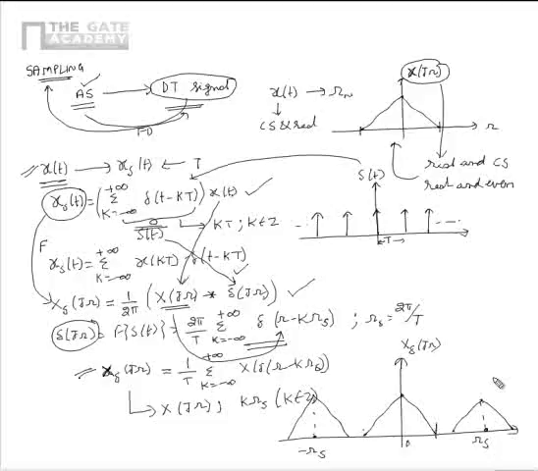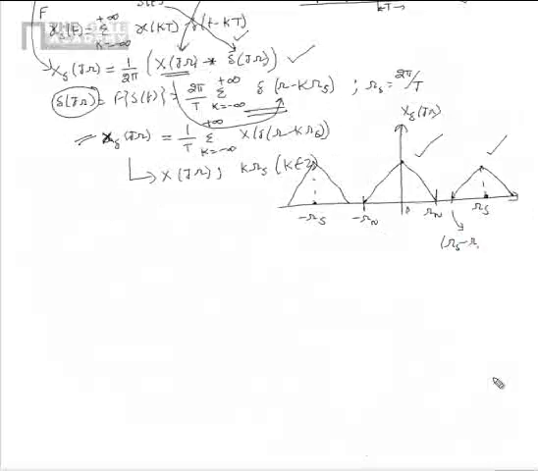Please note that because the bandwidth of the signal is omega n, the x of j omega at center will be between minus omega n to plus omega n. Now, if we consider the frequency band which is centered at omega s, that is actually from omega s minus omega n to omega s plus omega n.